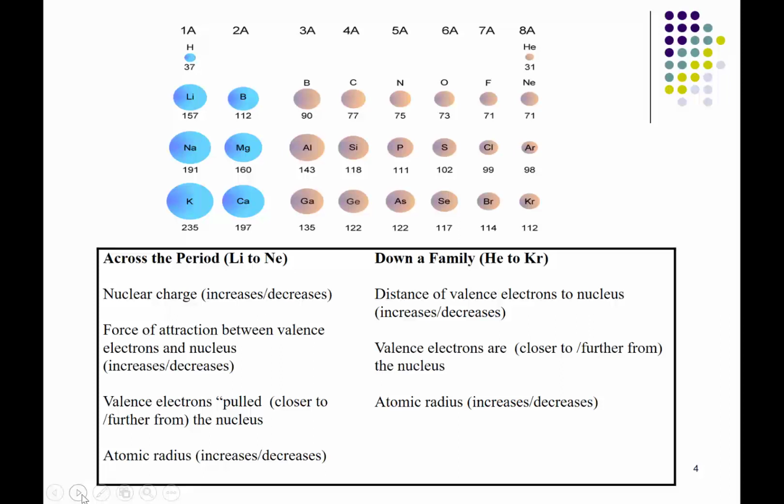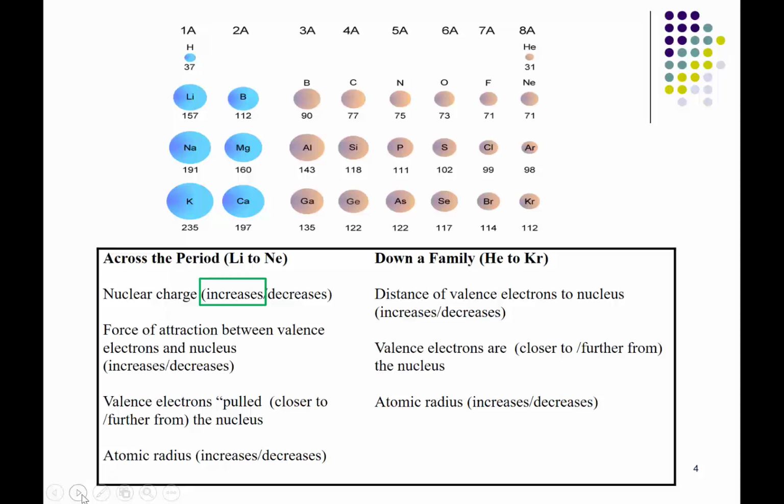As I stated before, across the periodic table, the most important thing is the fact that the nuclear charge changes. And what does the nuclear charge do? Well, it increases. If I ask you to explain a trend across the periodic table, that should be your first statement. The nuclear charge across the periodic table increases. Period. That's all you need to say.